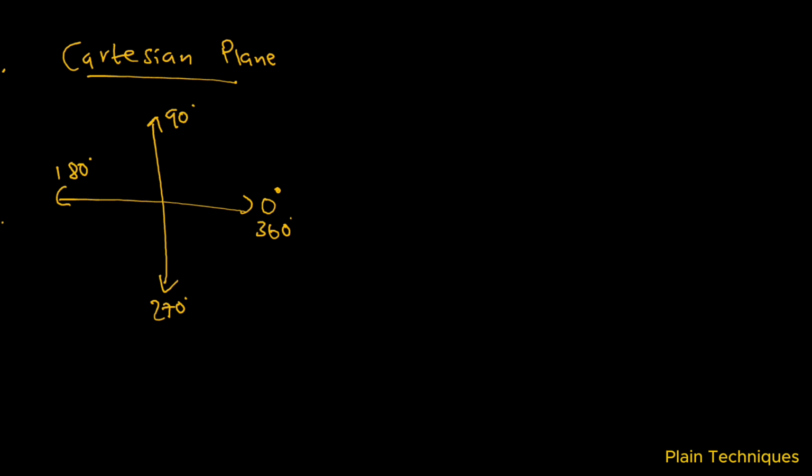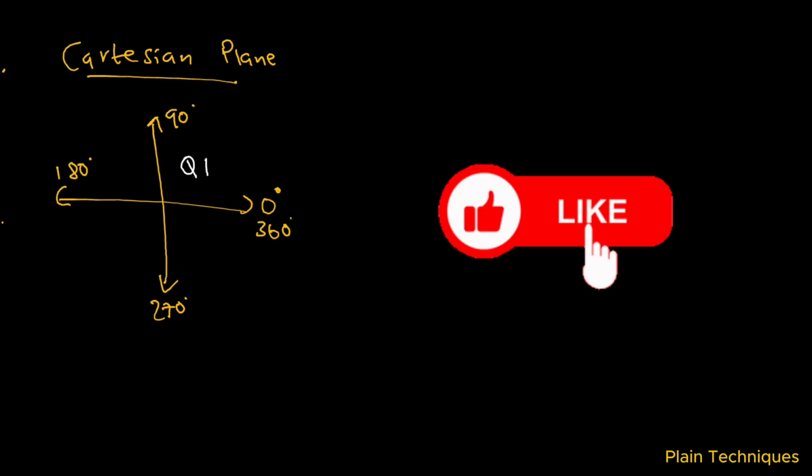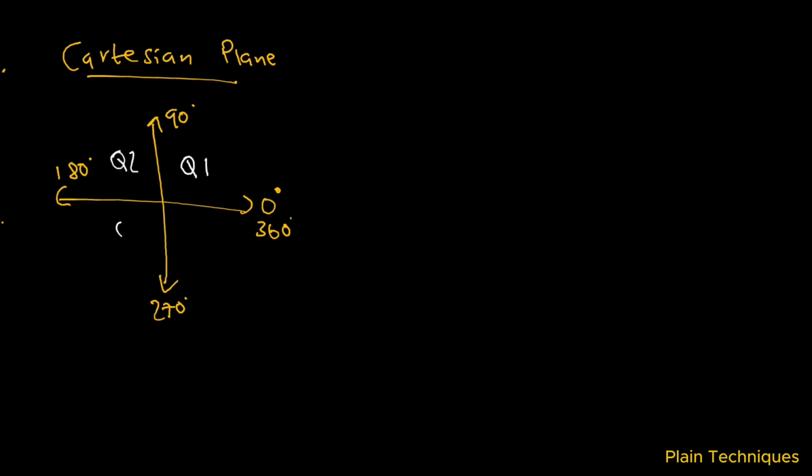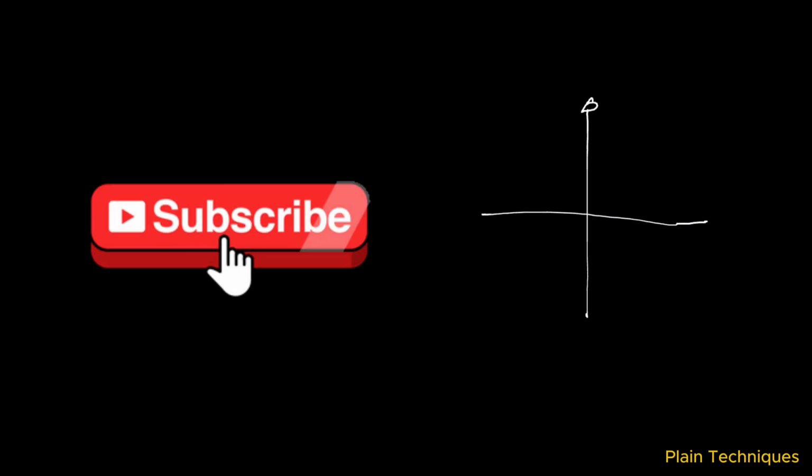Now, the Cartesian plane has 4 quadrants: 1, 2, 3, and 4. I'm going to name them Q1, Q2, Q3, and Q4, right? Okay, now a Cartesian plane is made up of a vertical line and a horizontal line, all right?